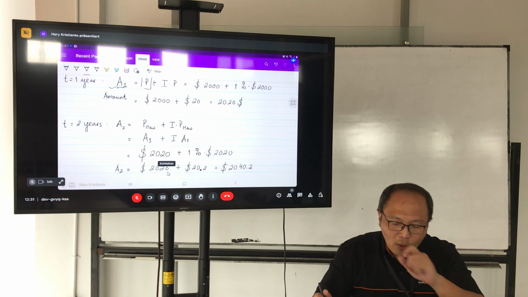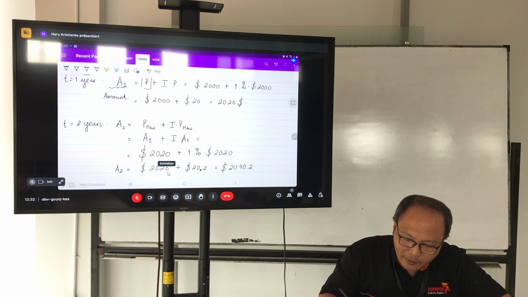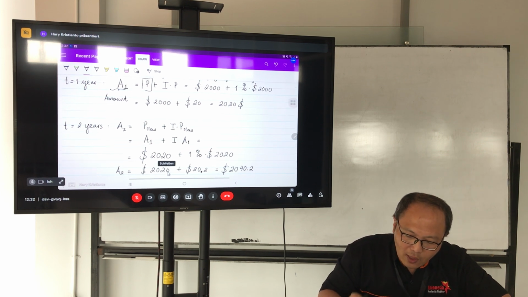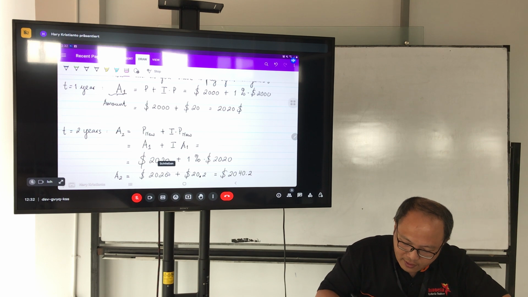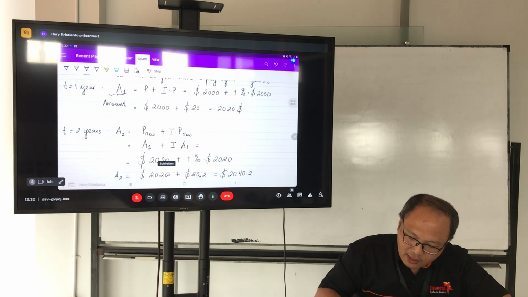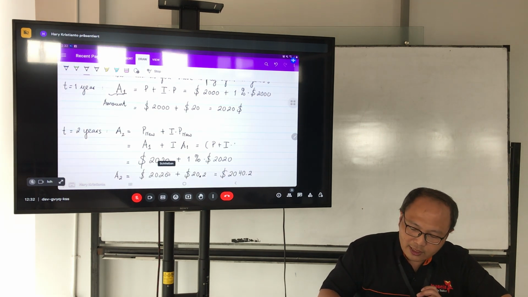But now, what I'm going to do with you is to go further with the formula. A1 is the one I have originally, using the principal. So A1 is the principal plus the interest rate in percentage times the principal again.